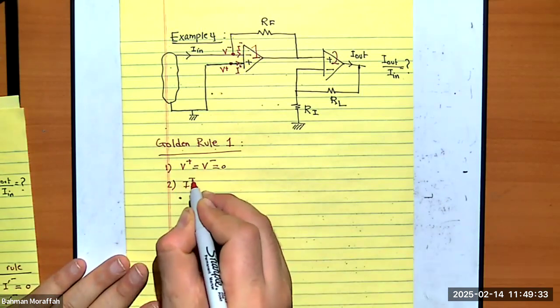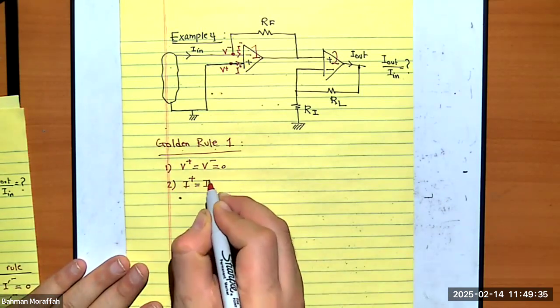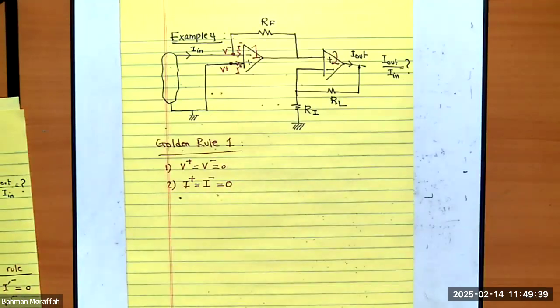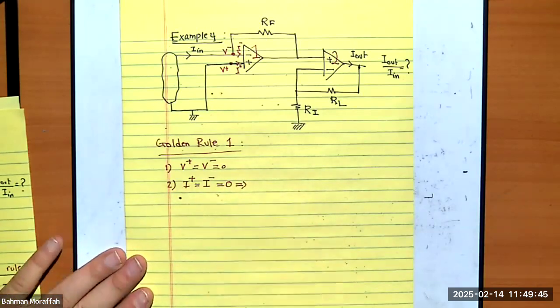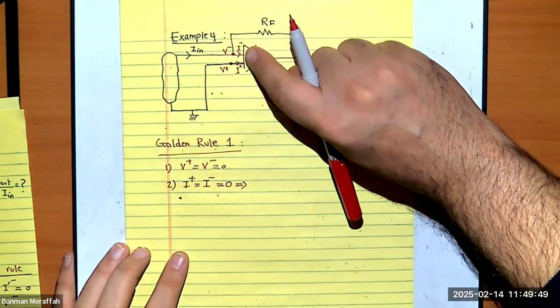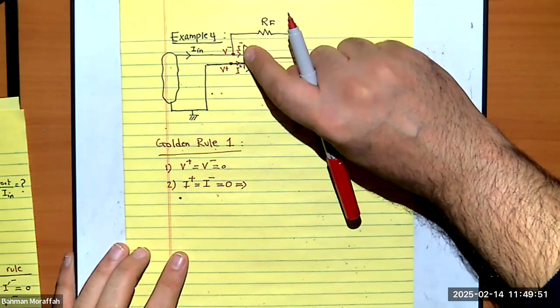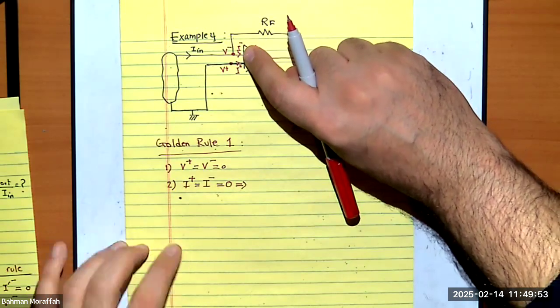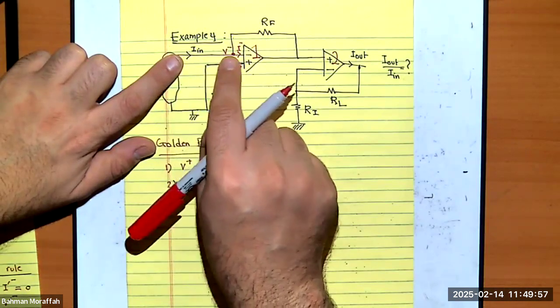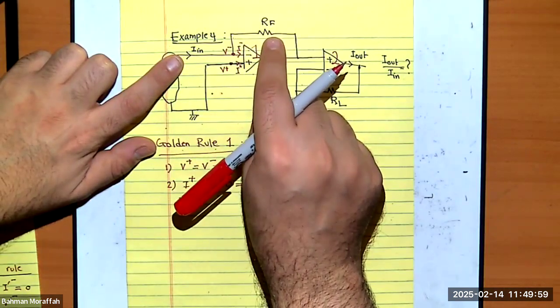Second rule tells me, regardless, I plus is the same as I negative, and that is 0. What does this rule tell me? It tells me whatever this input current is going to flow through here, and it's going to be the current through this RF.